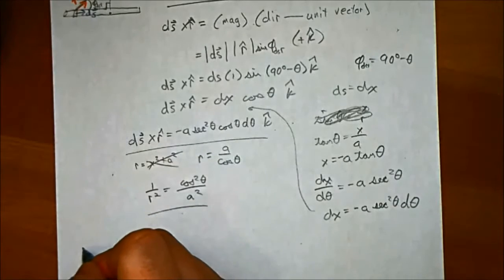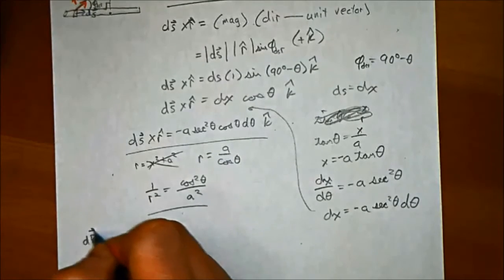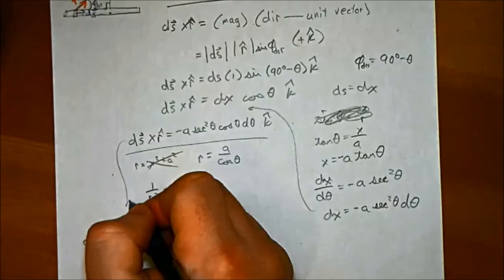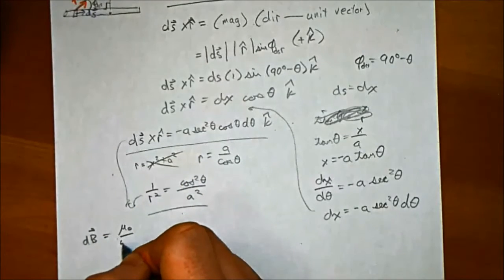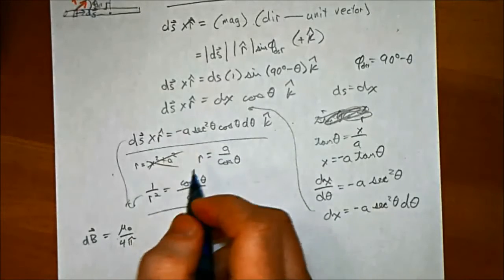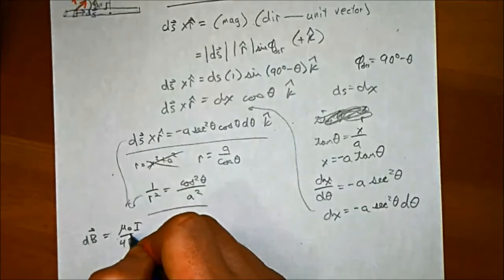So going back to Biot-Savart's law, dB is equal to, bring these two things down, your constants out here, mu naught over 4 pi times I, can't forget the current.